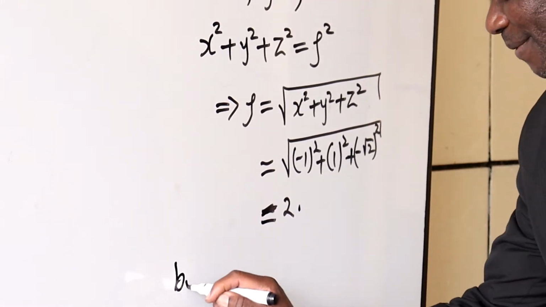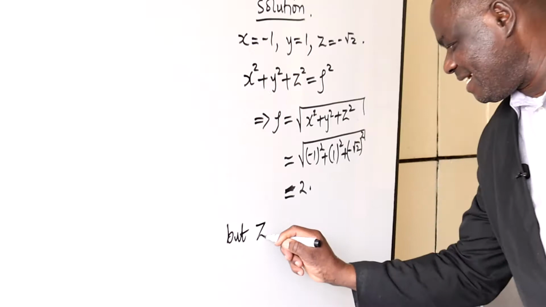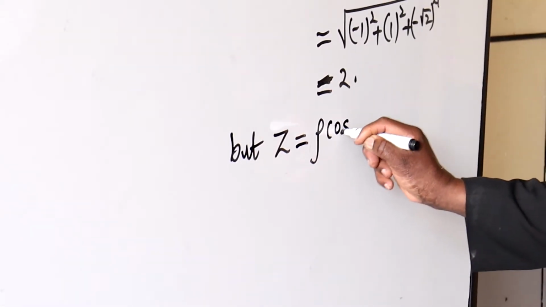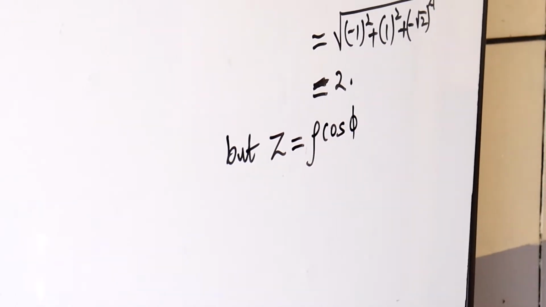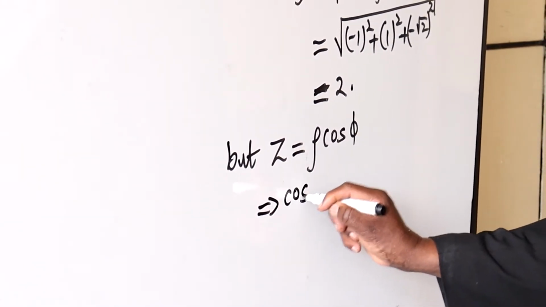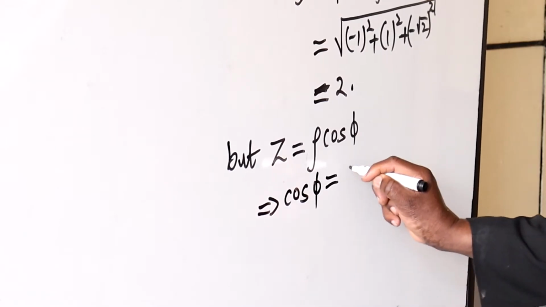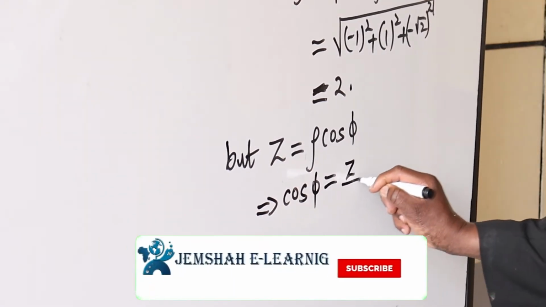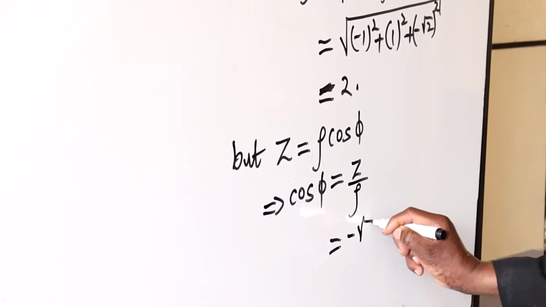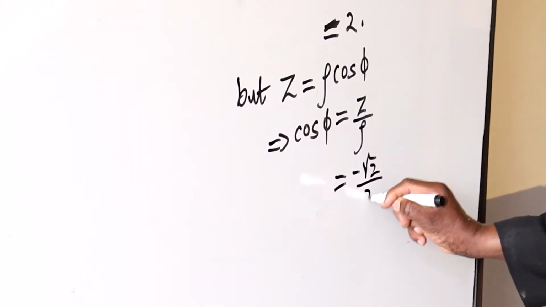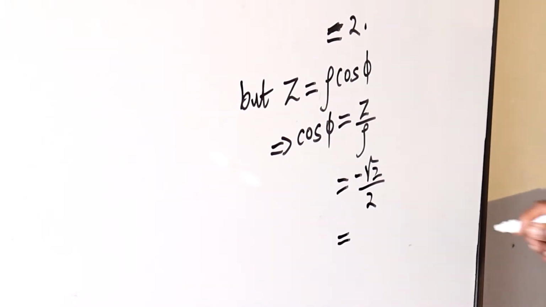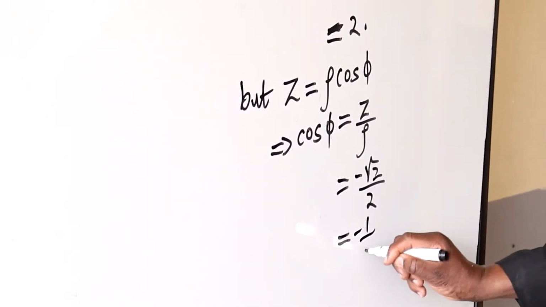But we know very well z should be equal to rho cos phi. This implies cos phi will be equal to z over rho, which is negative root 2 over 2, which gives us negative 1 over root 2.